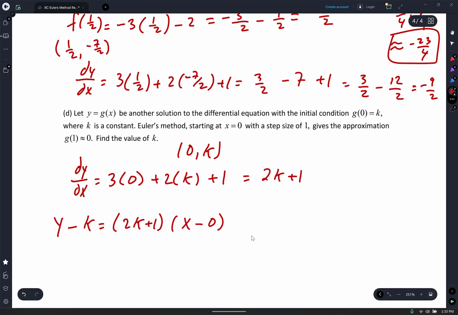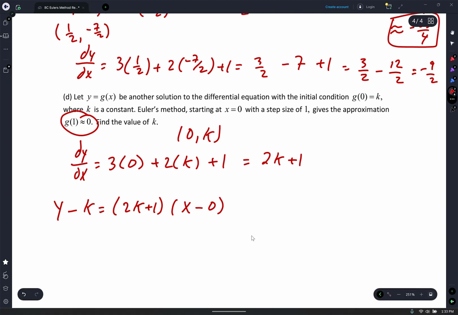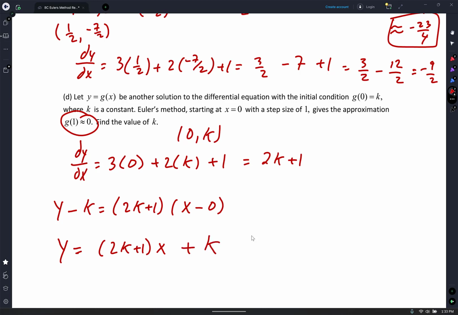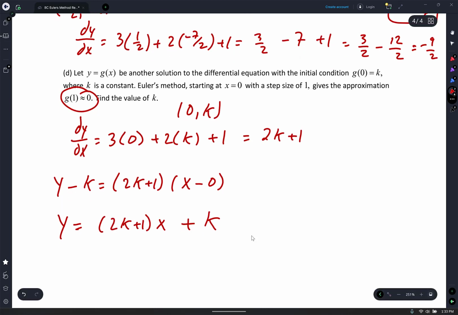And then this is what I'm using to approximate, and I already know what the approximate should be. It needs to be 0. You guys know what I'm doing? Okay, so here's what I have. y equals 2k plus 1 with an x on the side, plus k. So here we go. So I know this, 1 comma 0.